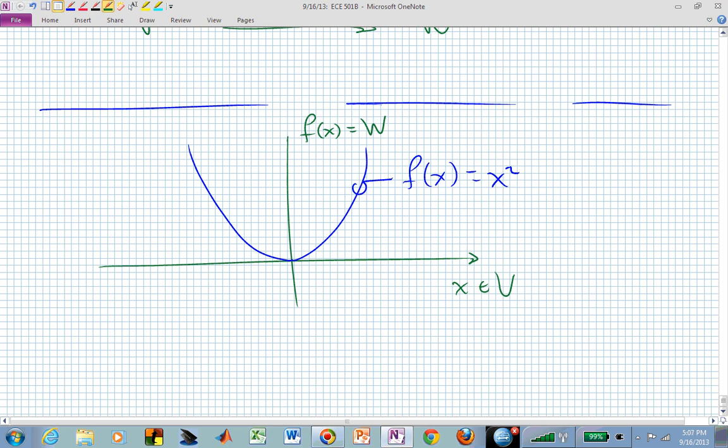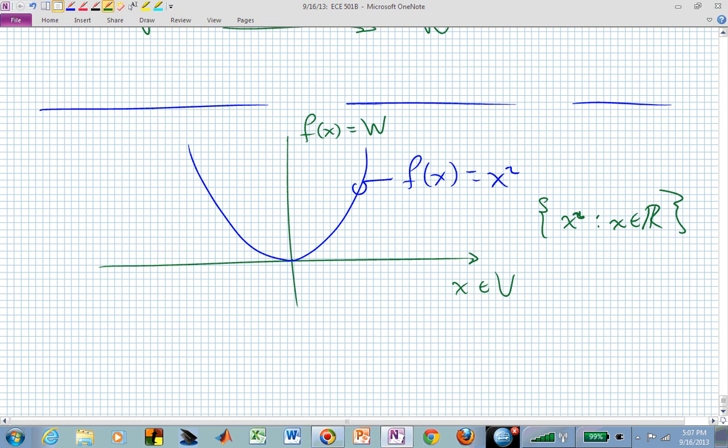If our mapping is the set x squared such that x is an element of R, is this going to cover all of the real line? No. So this is not a surjective map.